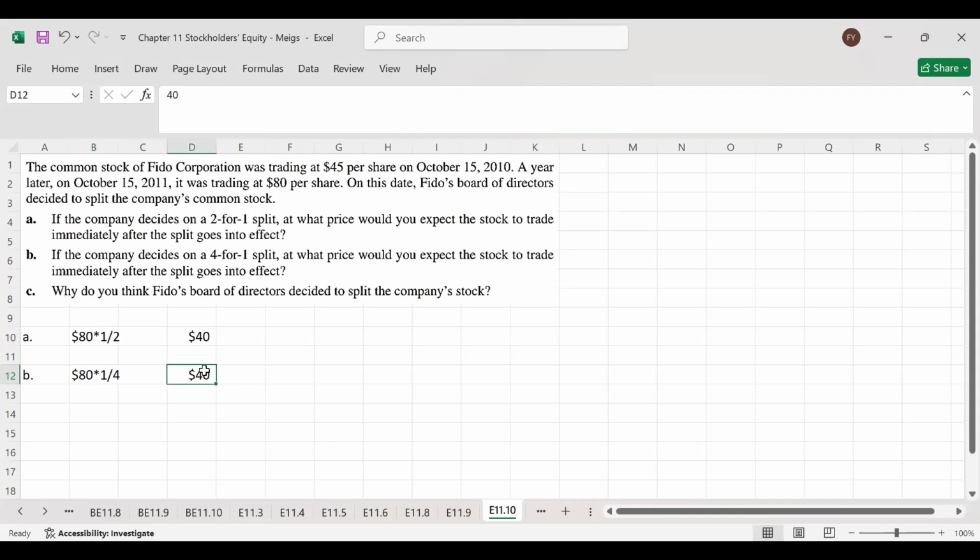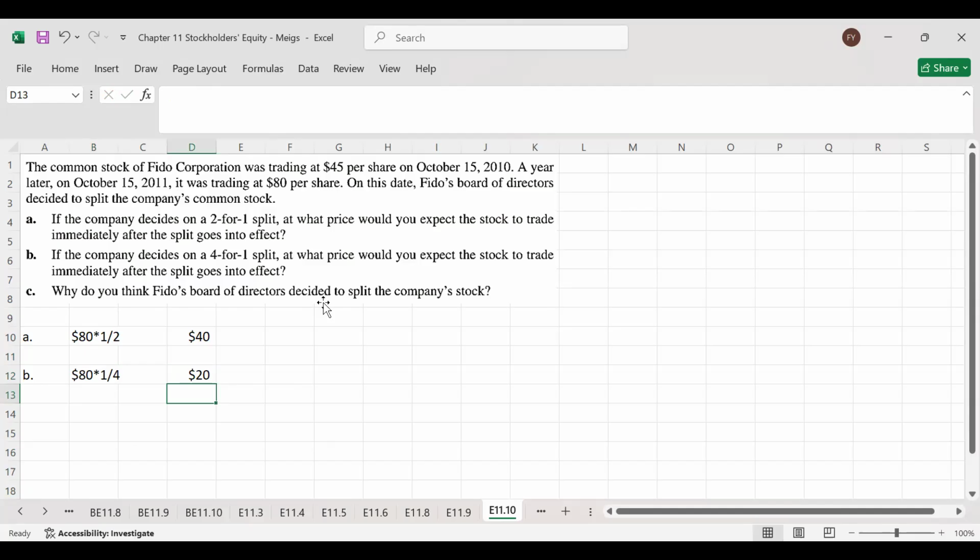So we're going to divide $80 by 4. So $20 would be the market price. Why do you think the company's board of directors decide to split the company's stock? As I have already discussed, there may be several reasons behind it.